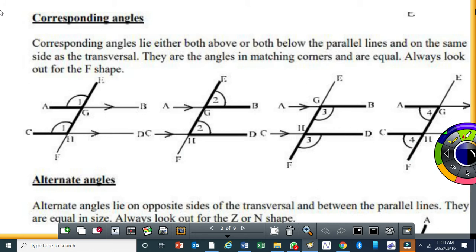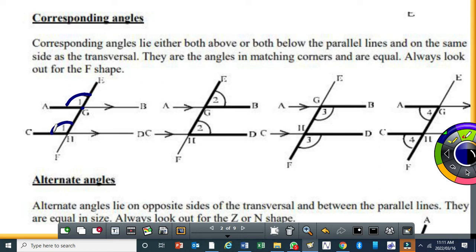So here, FE is called a transversal. This angle here, which is G1, because this point is G, and that angle there, which is H1, are equal, and we call them corresponding angles.